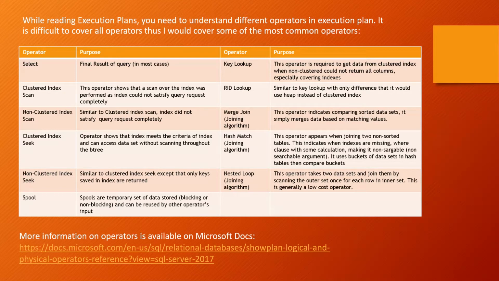It is very similar to clustered index scan. The only difference is it does not include all the data pages. It only includes the leaf level data. Clustered index seek. The operator shows that the index meets the criteria and can access the data set without scanning throughout the B-tree.